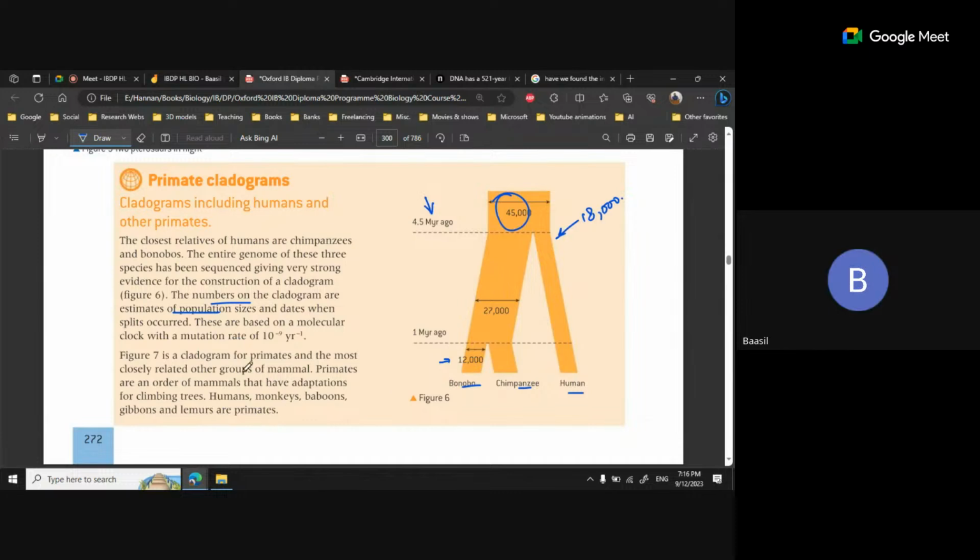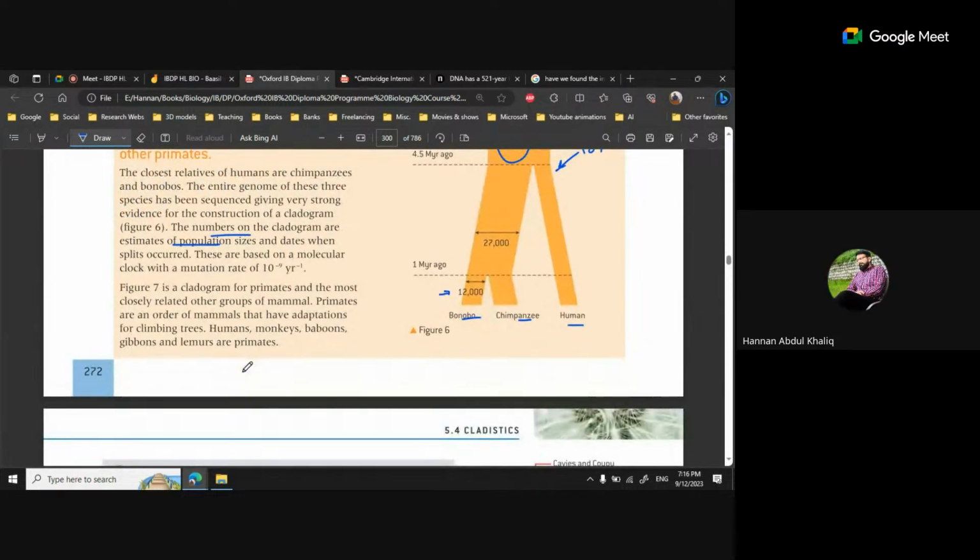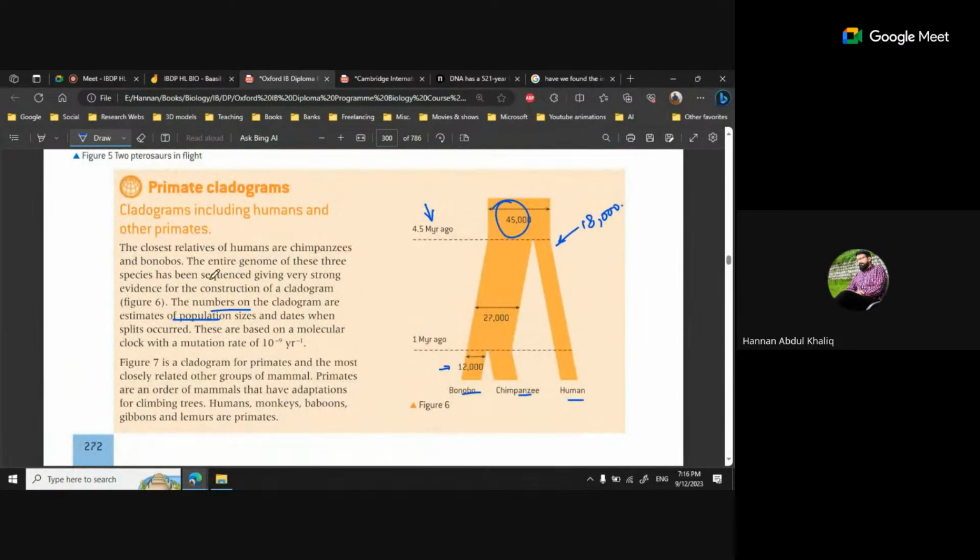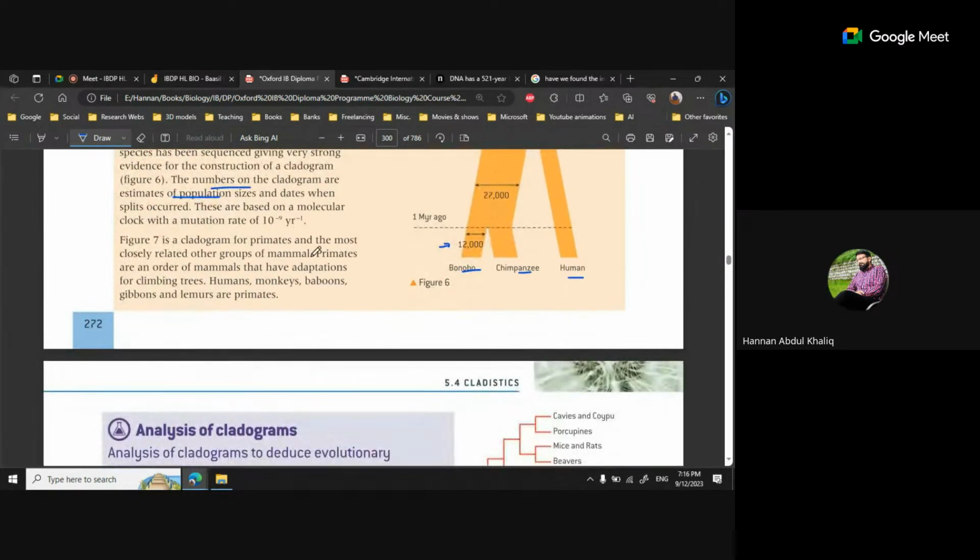So they can find the fossils, and they can find out how many of those organisms would be present over here.